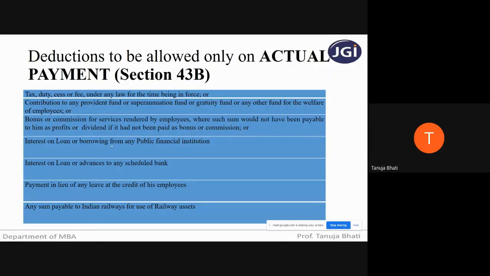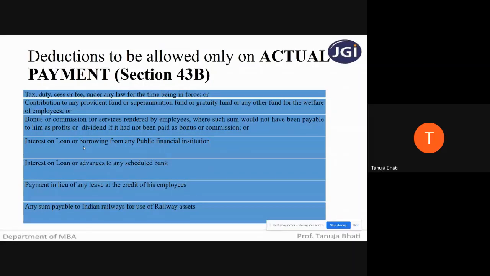Next, interest on loan or borrowing from any public financial institution, or state financial institution, or state investment corporation. Such interest on loan will be allowed as a deduction only if the payment is actually made.